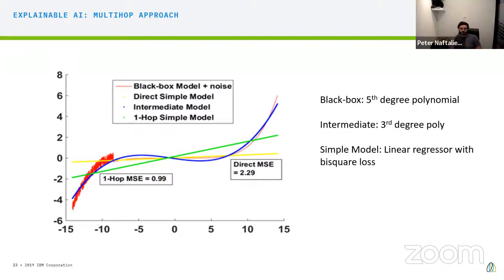Which is very interesting, because you wouldn't expect that, right? You would expect that give me the most accurate thing and I just fit that and that's that. Why would I need anything else in between? But this shows that actually having, in a way it's like a teacher, right? You might have a genius in some area who knows everything, but he may not be a good teacher even though he has the most accurate information.